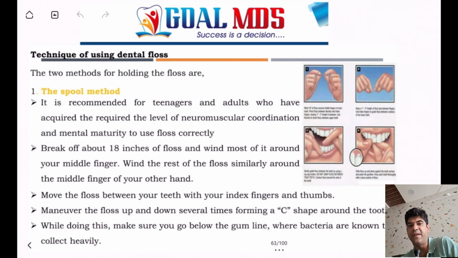The difference between the spool and the loop method is that in the spool method the floss is wound around one finger, while in the loop method the loop of floss is held between the fingers from both ends. In the loop method, you have to tie the ends of the floss together to create a loop, while the spool method does not involve tying. The loop method offers a more secure grip because it is held between the fingers from both ends.